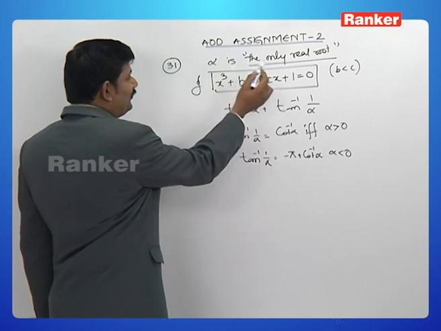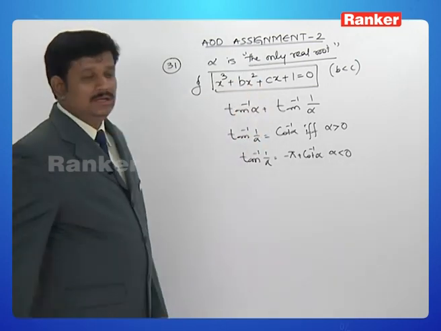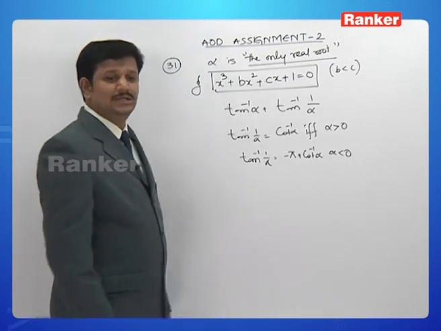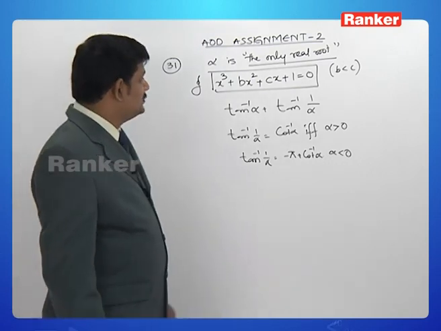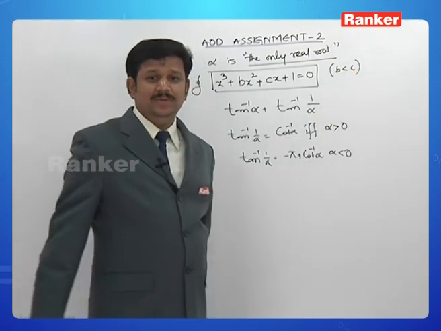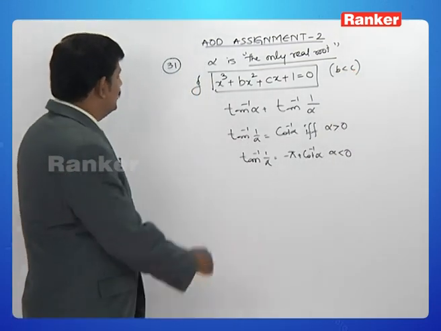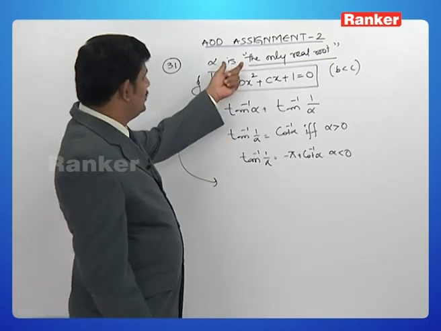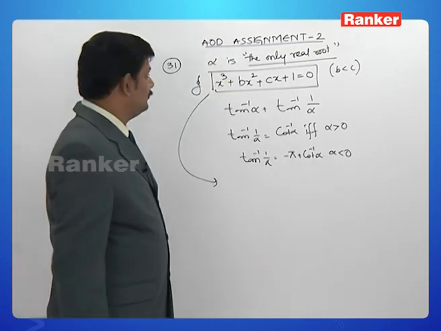Now, when alpha is the only real root, the other two roots have to be imaginary, and b less than c indicates b and c are real numbers. So, of the other two imaginary roots, one has to be the conjugate of the other.